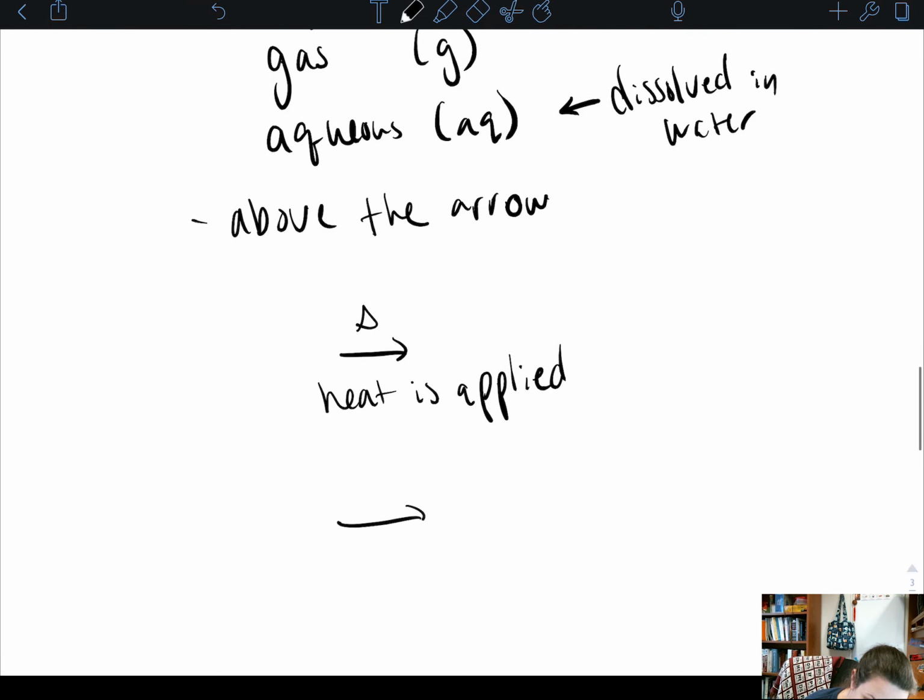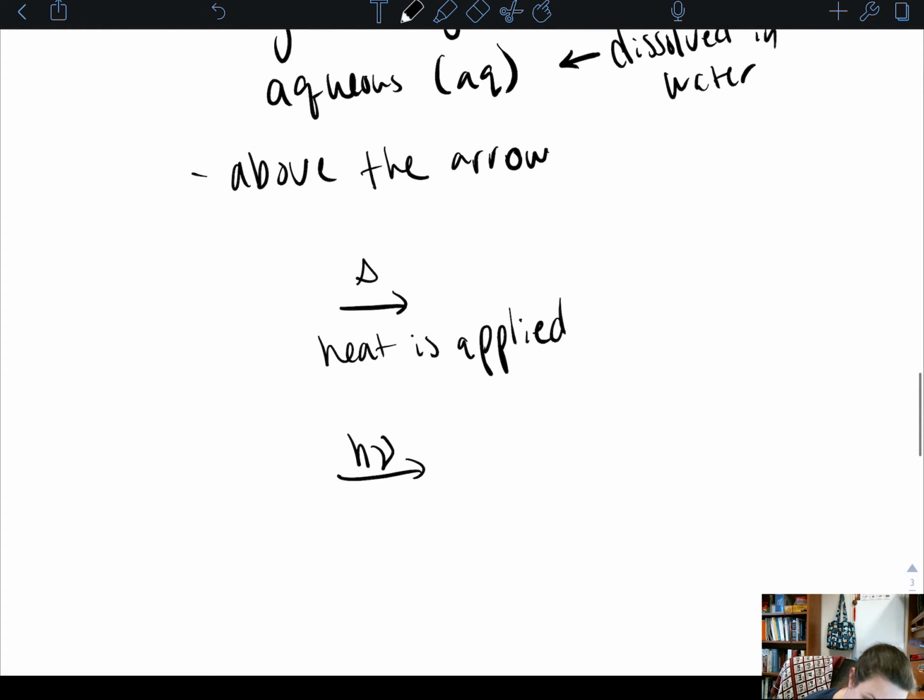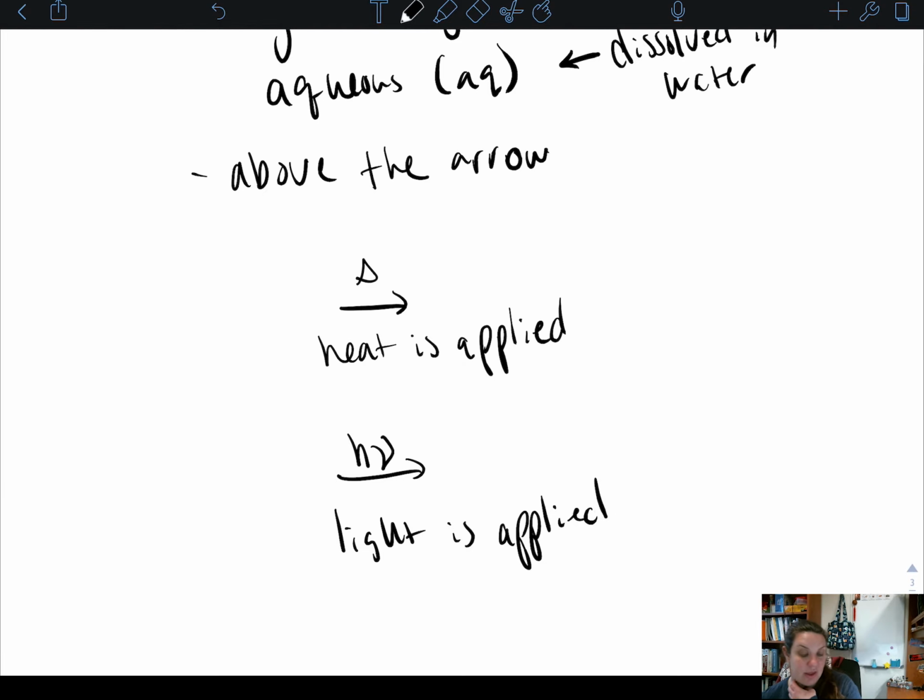You could also see h nu. That means light is applied. Okay. So seeing something above the arrow means there are different reaction conditions that are applied.